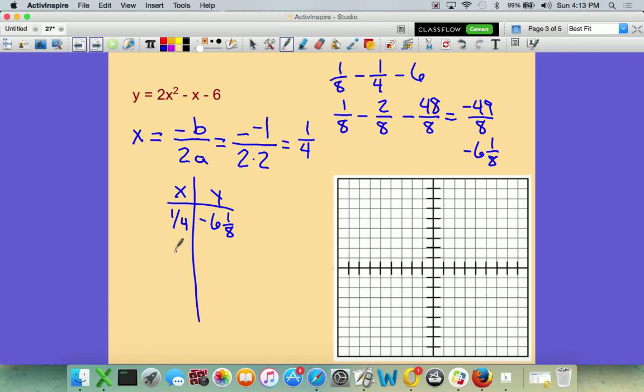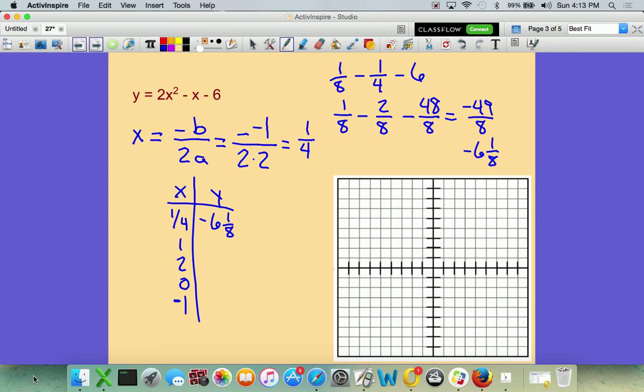So we're going to pick the 2 whole numbers right above it. So 1/4, the next biggest whole number is 1. Next one after that is 2. The 2 below it is 0 and -1.